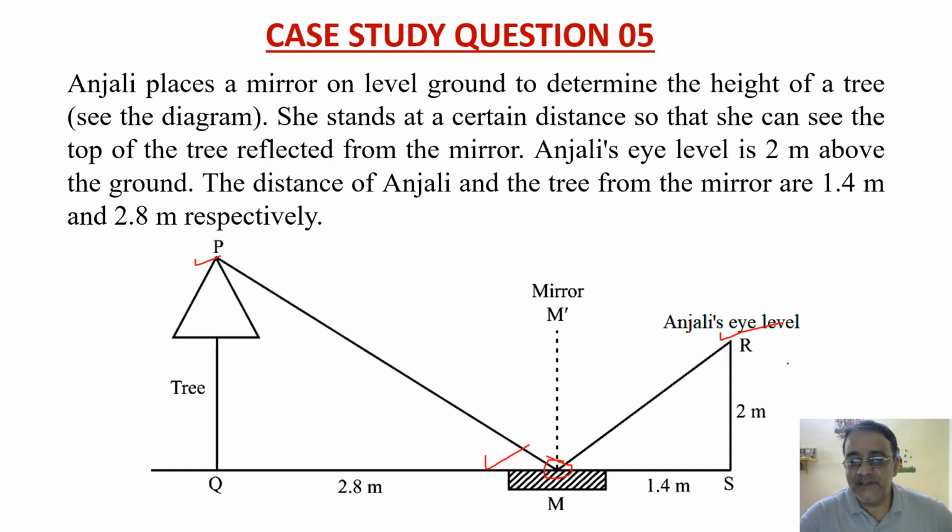Anjali's eye is 2 meter above the ground and the distances of Anjali and the tree from the mirror are 1.4 meter, this one, and 2.8 meter for the tree, this one. Okay, now based on this situation, we have to solve the questions.